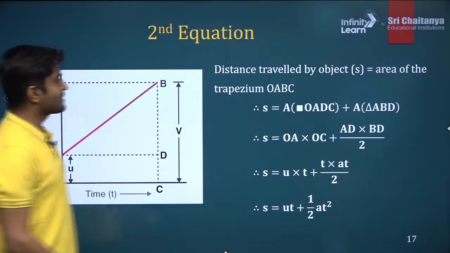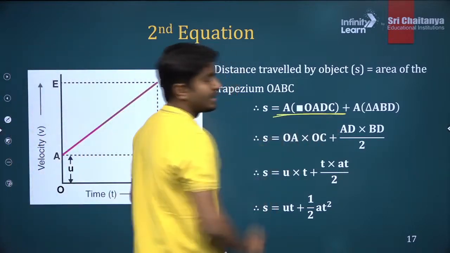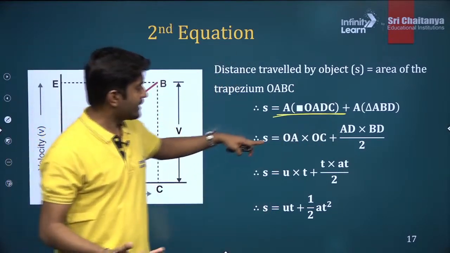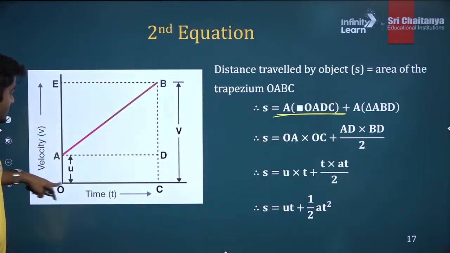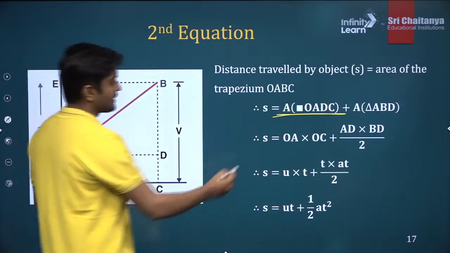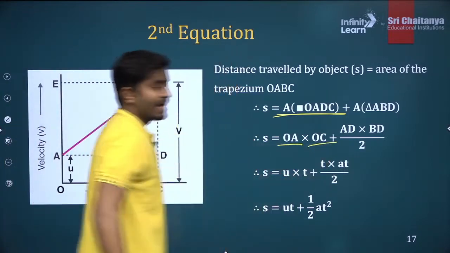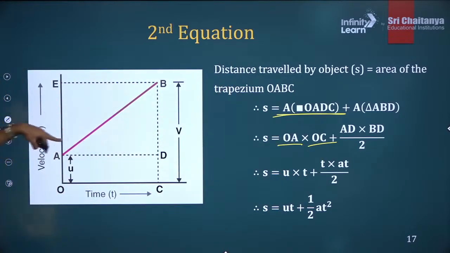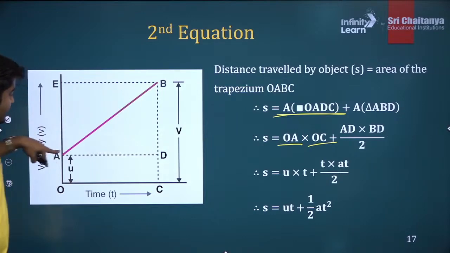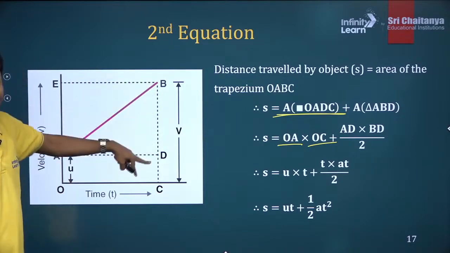So what is the area of this rectangle? Area of the rectangle is base into height. Base is OC multiplied by height, which is OA. And the area of this right angle triangle is half multiplied by base AD multiplied by BD.